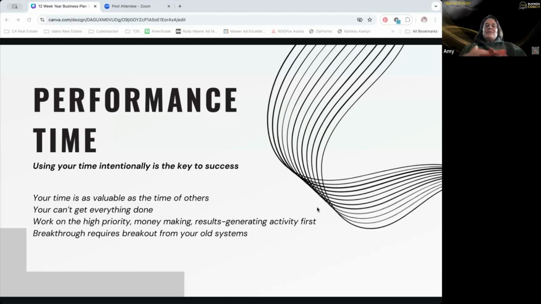We may save the deal because we threw it out, but our business is going to suffer over time. Ultimately, we're valuing our clients' time over our own. So to achieve breakthrough, we need to see our time as important as the time that your client has.